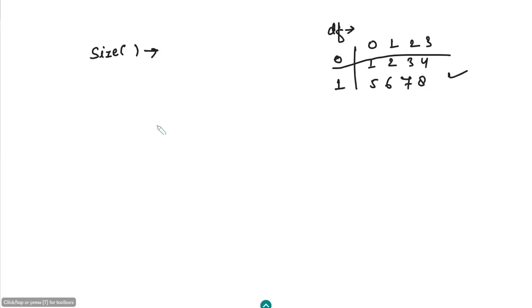We have just 8 elements in the complete data frame: 1, 2, 3, 4, 5, 6, 7, 8.